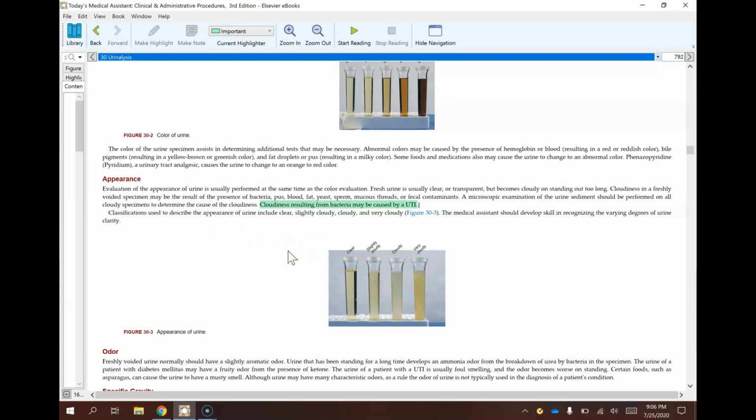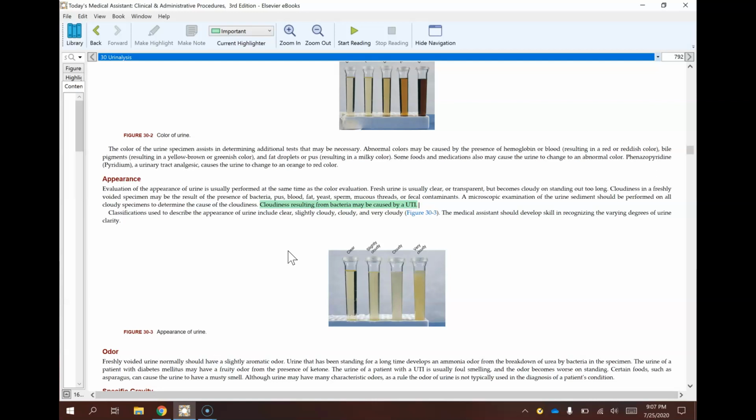Oftentimes when you are working as a medical assistant in a care center and you as the MA notice, as you're pouring out just a little bit of urine from your specimen cup onto your dipstick, that you may notice an irregular odor. You've already noticed the color or the cloudiness.